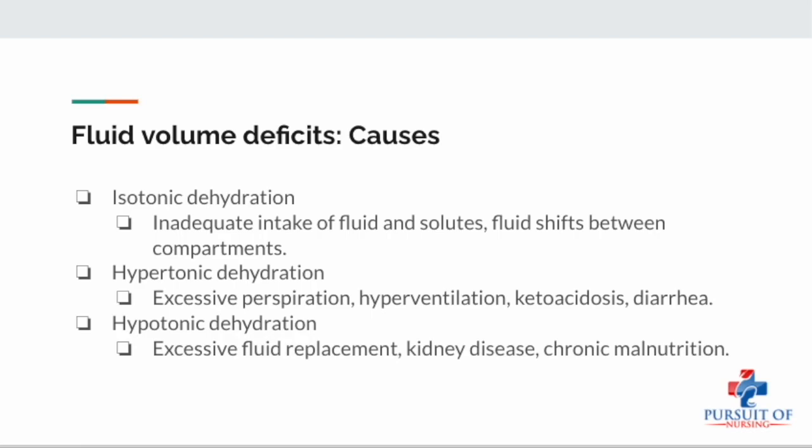Your electrolyte loss exceeds your water loss. You have a higher concentration of water. Some possible causes are excessive fluid replacement, kidney disease, chronic malnutrition. So it's important to recognize the differences in the water and electrolyte balances with each of the three different types of dehydration.